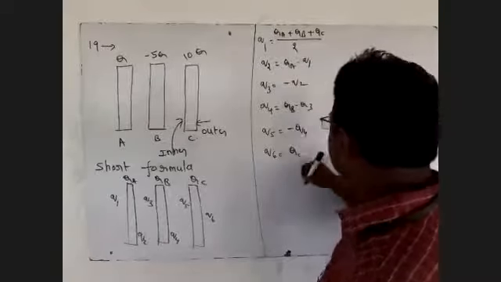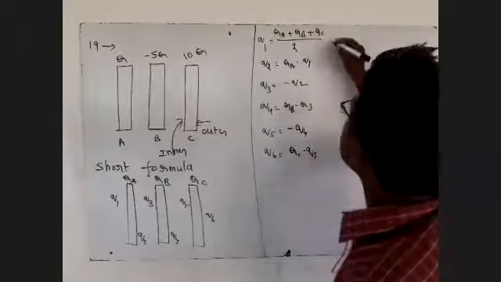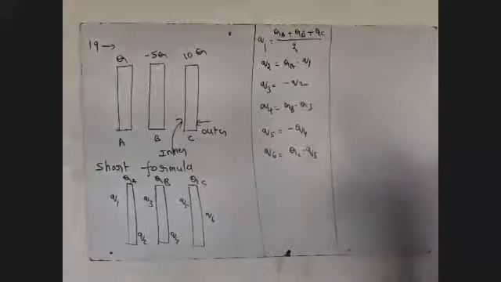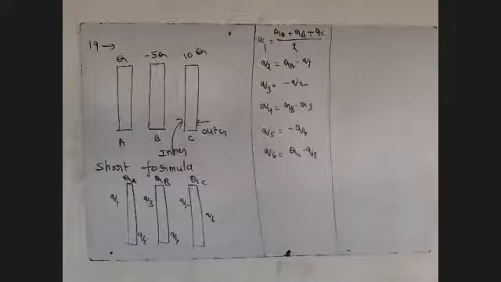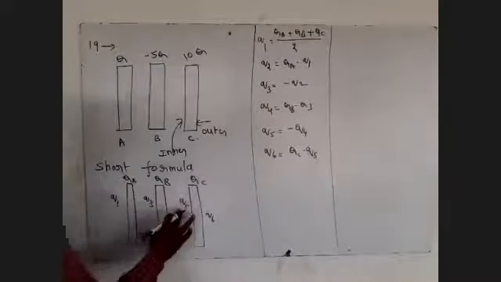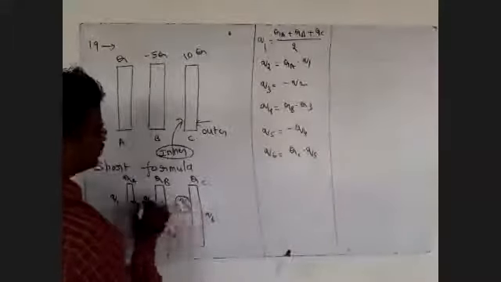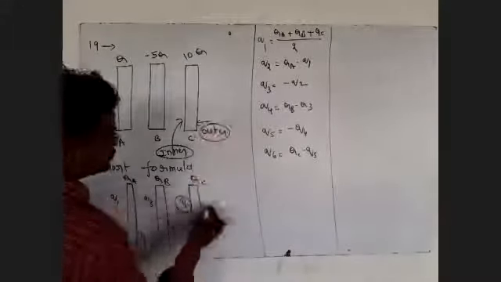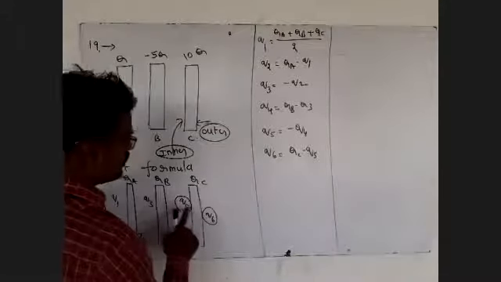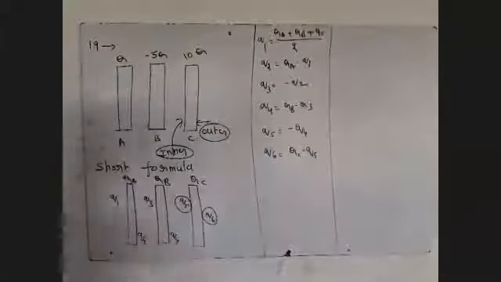This is the shortcut formula. But here I want the Q5 and Q6 values. Inner means Q5, outer means Q6. I want Q2, Q5, Q6, and I'm going to find everything.